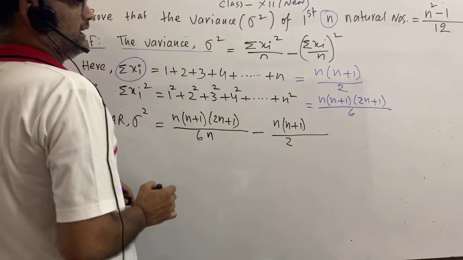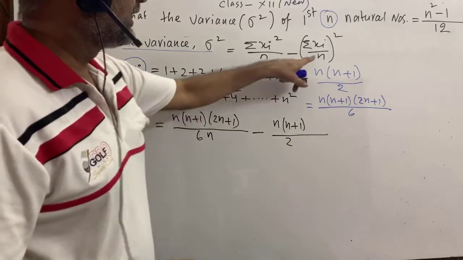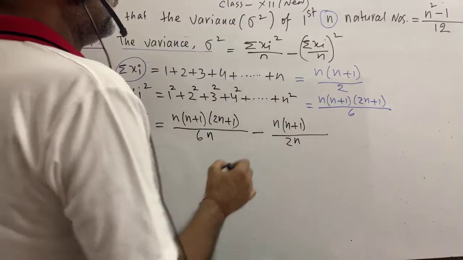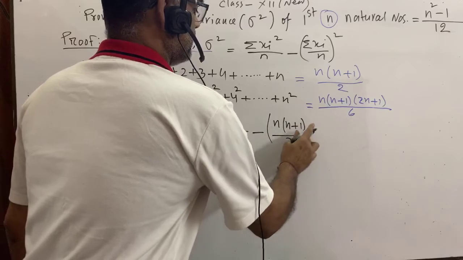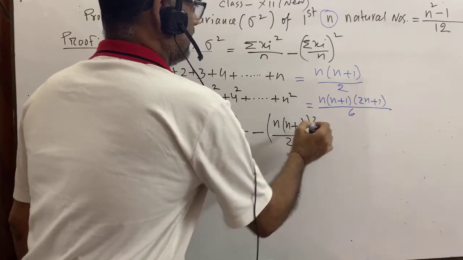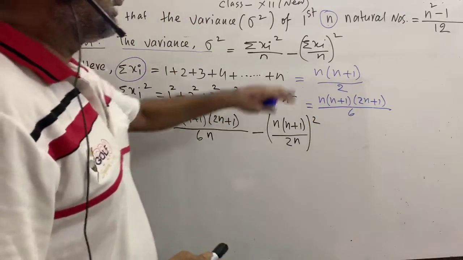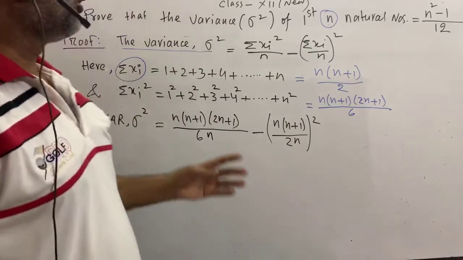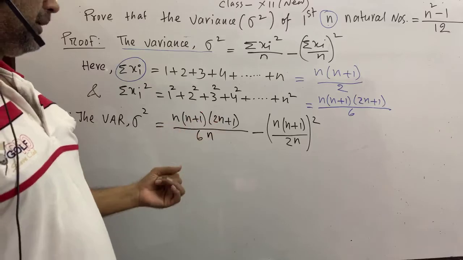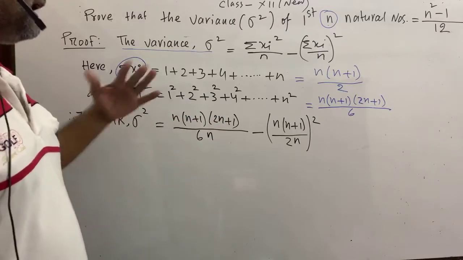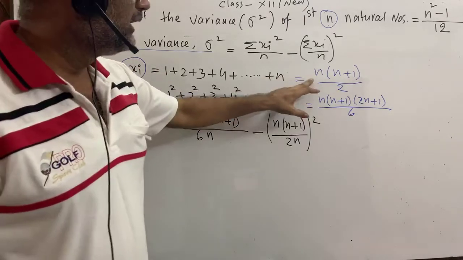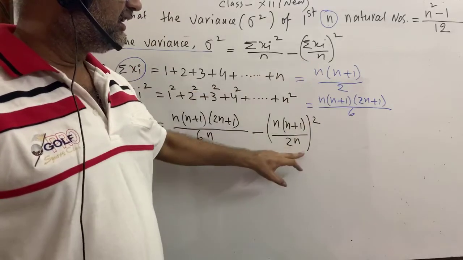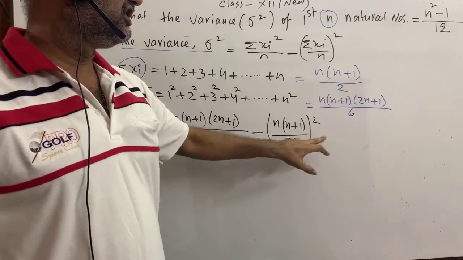But there is another n, write down n. Now it is whole square. I have just put the value of summation xi, which is n into n plus 1 by 2, with the other n, and it is a square.